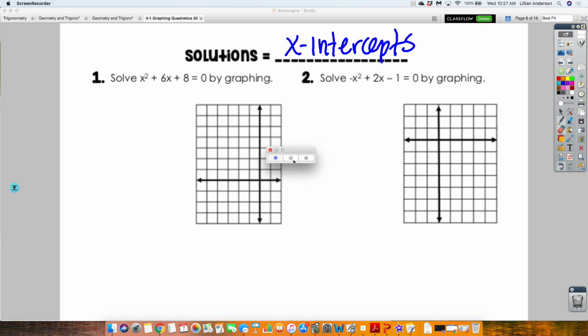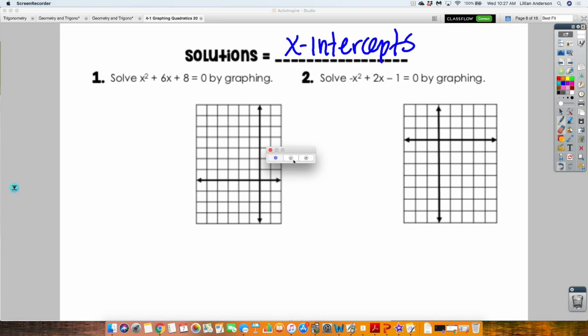Let's look at this one over here. We're going to look at this one together. Find the axis of symmetry. -b. What's b? 2. Over 2a. What's a? -1. So that's -2 divided by -2, which is 1. Now I need to plug 1 in to find my vertex.